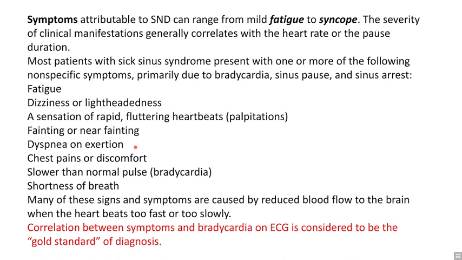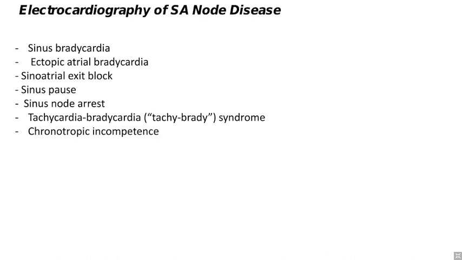But if a patient has this complaint and on ECG at this moment you see bradycardia, of course, this may be a sign of sick sinus syndrome. On ECG, in a patient with sinus node dysfunction, we can see sinus bradycardia, ectopic atrial bradycardia, sinoatrial exit block, sinus pause, sinus node arrest, tachy-brady syndrome, and chronotropic incompetence.